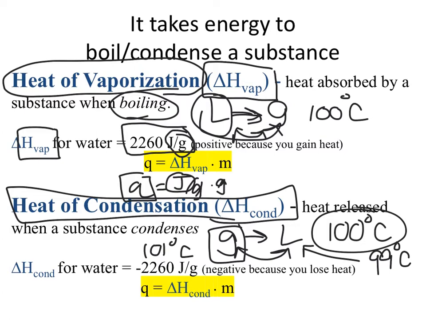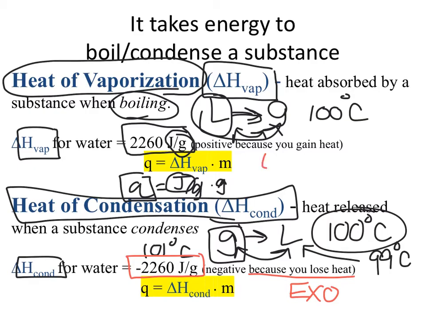That's the temperature. Now, if you're condensing, that heat of condensation has a value too. And that value is exactly the same as the heat of vaporization, but it's negative. It's negative 2,260 joules per gram. The negative, remember, means that you just lost that heat. So if you're losing heat, if the system is giving it off, that's an exothermic reaction.